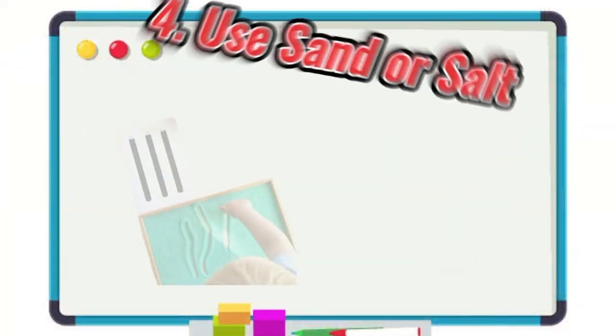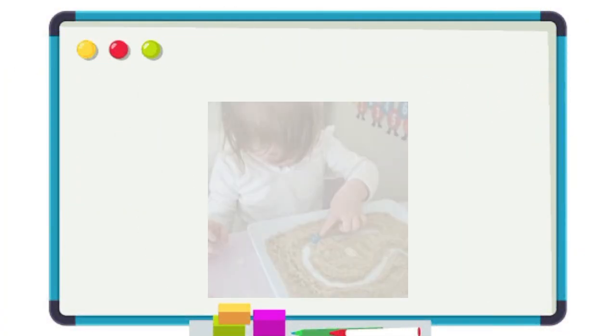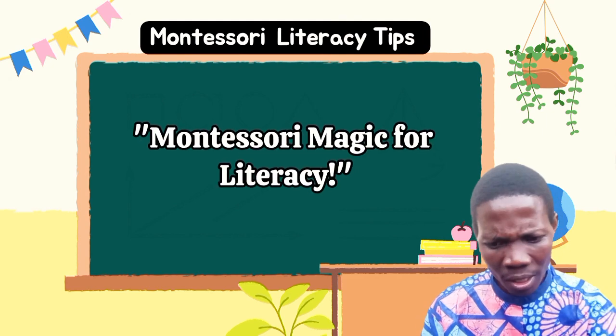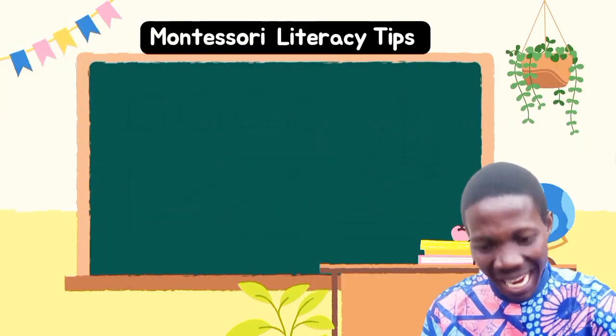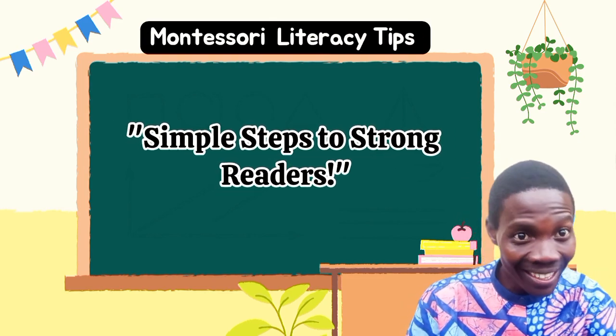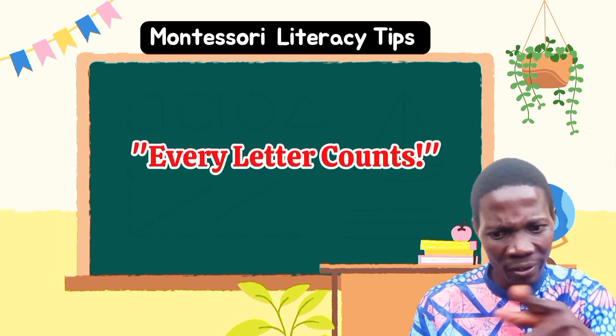That's number 4 here, please. Number 4, use sandpaper letters. This is very important. Before you start writing with a pencil, create time, use sound, make curves, make lines, and mention the shape you're making for them.